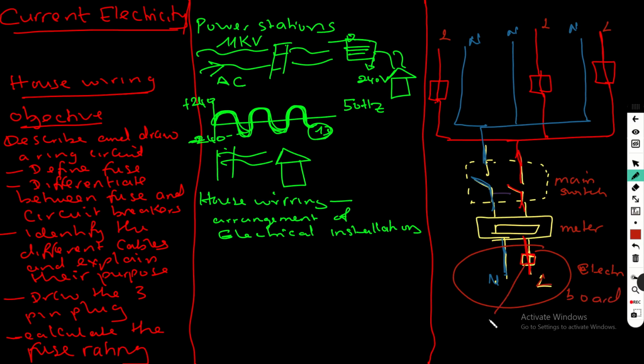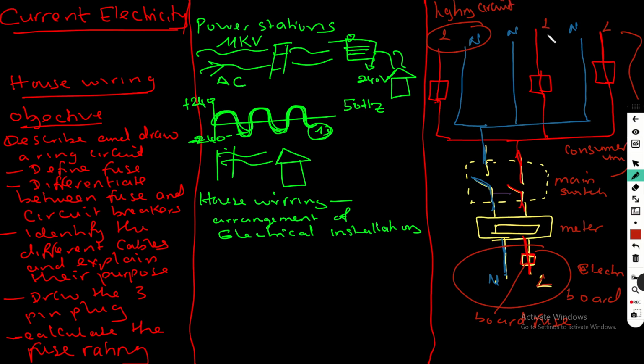So this is the board fuse. And all of this plus this, these two components here, we call the consumer unit. And we also have this, which is called the lighting circuit.